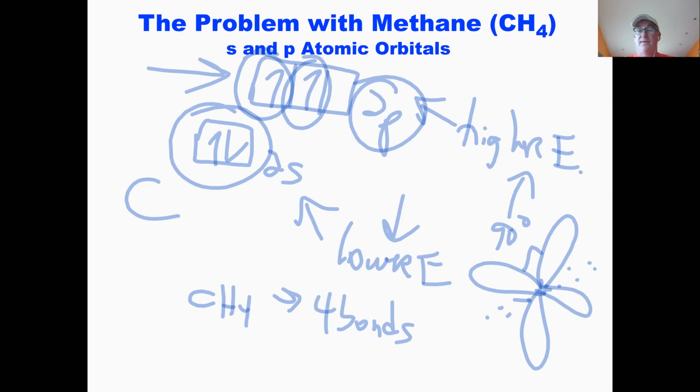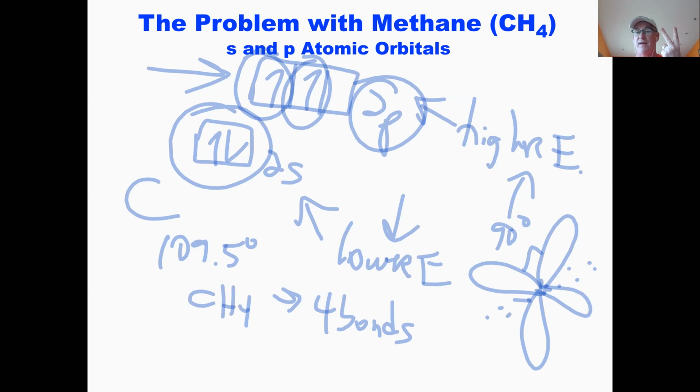But they're not 90 degrees. They're 109.5 in a perfect four-sided tetrahedral shape. They're exactly the same. That doesn't work either. So there's a problem with the energy, and there's a problem with the orientation.